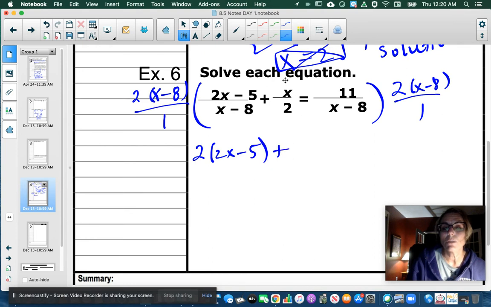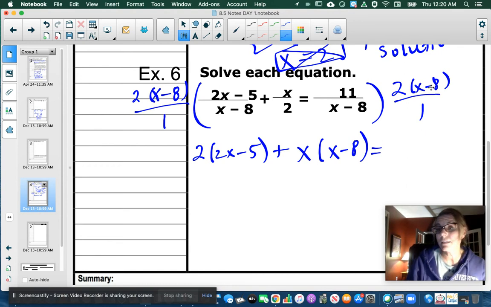Plus, when I multiply x over 2 by the 2x minus 8, the 2's cancel, and I get x minus 8. And on the right side of the equation, multiplying 11 over x minus 8 times 2x minus 8, the x minus 8's cancel, and I get 22.